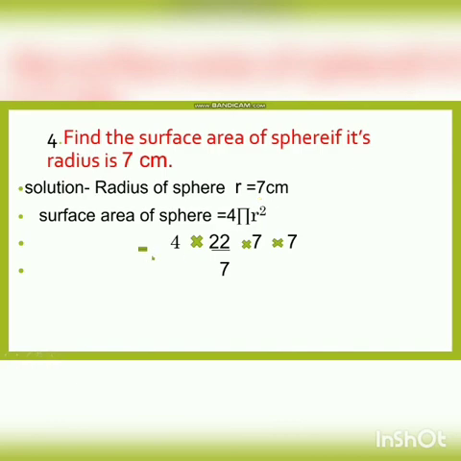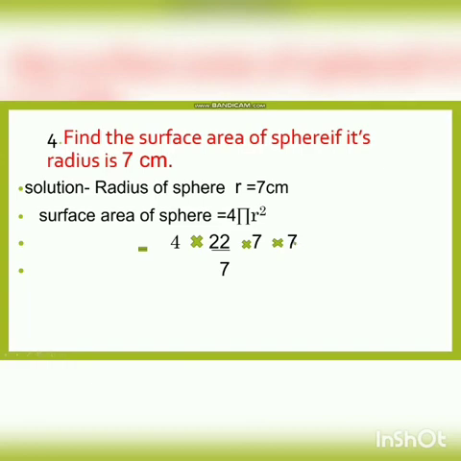So on the next step, surface area of sphere is equal to 4 into value of pi, which is 22/7, into r square, so I write here 7 into 7. Our next step, 4 into 22/7 into 7 into 7.